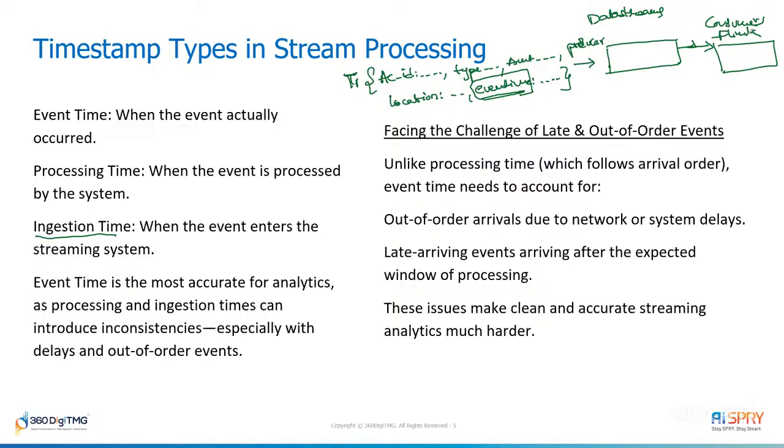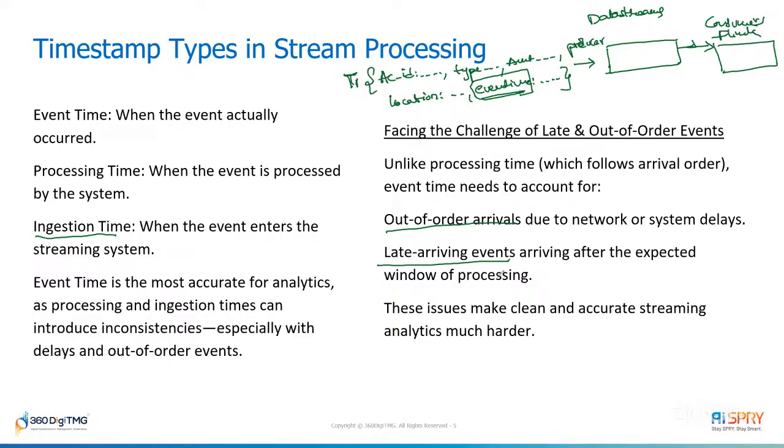Let us say some network delays or application downtime. This transaction might arrive late at Flink. That means late processing. This is an issue which we have to address in stream processing. Out of order arrivals due to network or system delays, or late arriving events, arriving after the expected window of processing.